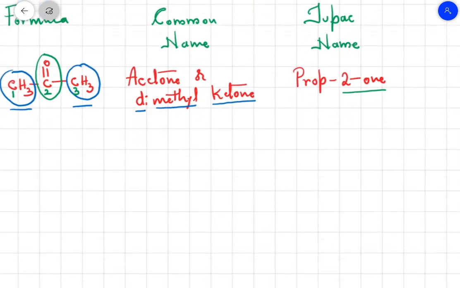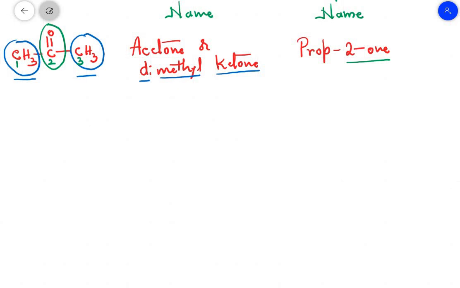Next example, CH3 C double bond O CH2, then followed by CH3. Here numbering is done in such a way that the carbonyl functional group should have the lowest possible number, that is highest priority.